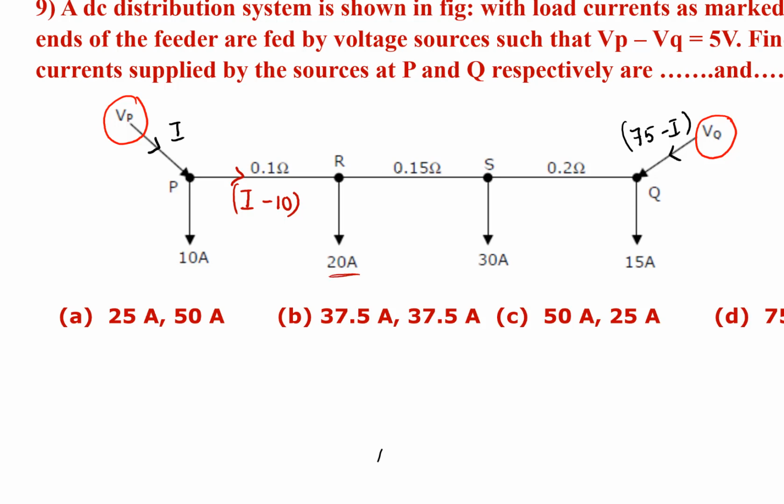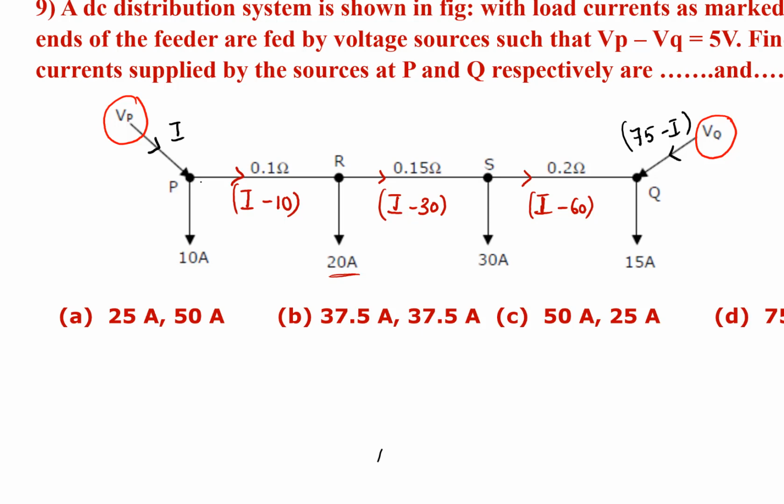So what is the current flowing through the branch connected between R and S? It is I minus 30. Now, how much current is being tapped at S? 30 ampere. So what will be the current that is flowing through the branch that is connected between S and Q? It will be I minus 60 ampere. So these are the currents that are flowing through the branches.